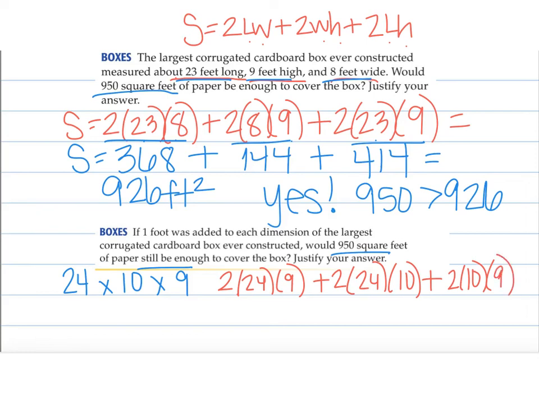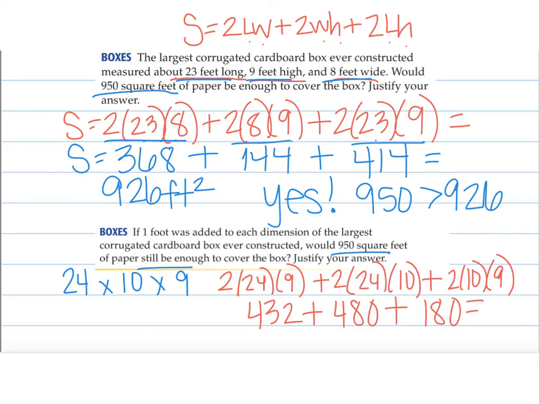And I always take a second to double check that I have 2 9s, 2 10s, 2 24s. All right, 2 times 24 times 9 is 432. 2 times 24 times 10 is 480. And then 2 times 10 times 9 is 180.